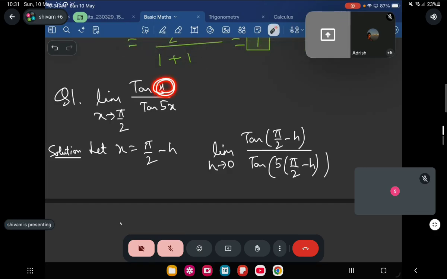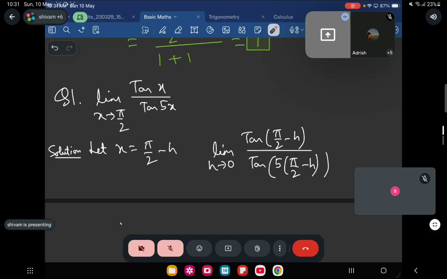In the standard forms we discussed the last day, the argument should tend to 0. So in order to make the argument tend to 0, I have used this substitution. You can also substitute h equal to pi by 2 minus x, same thing. So with x equal to pi by 2 minus h, as x tends to pi by 2, what is the value of h?